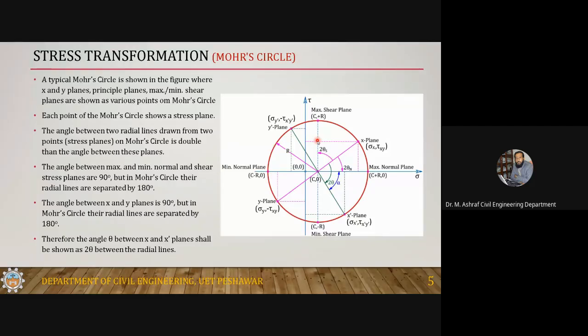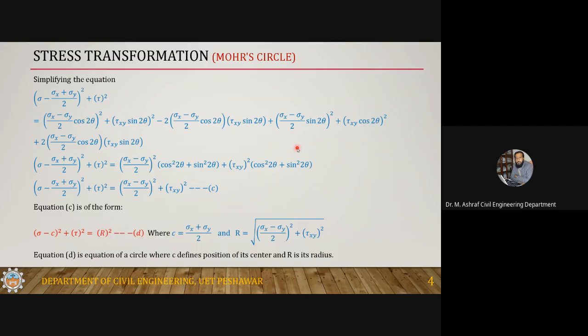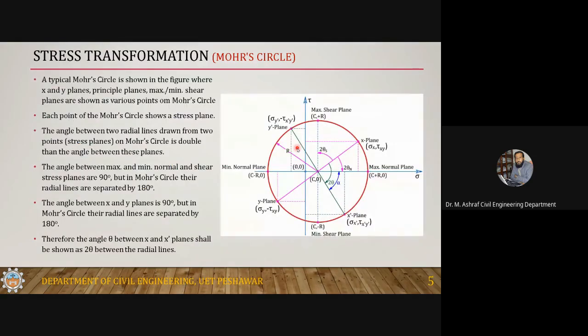From this, if we plot the x-plane, how do we plot a certain point on this circle? The x-plane will be a point on the Mohr circle. You have a plane with coordinates sigma x and tau xy. So this one will be sigma x and this will be tau xy with reference to the origin.